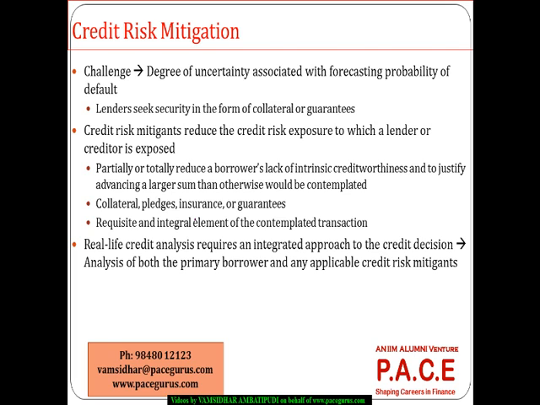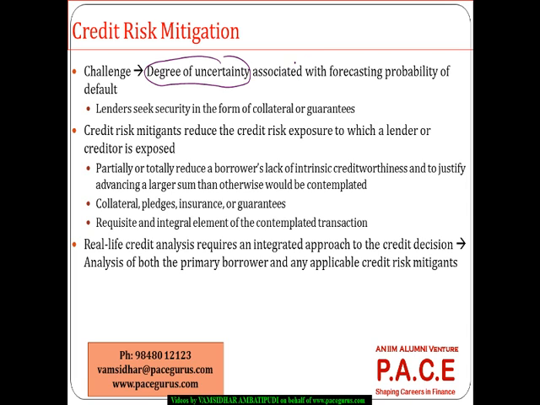I have to spend some time talking about the credit risk mitigation, because the major challenge that comes out is the degree of uncertainty. I know that I have to forecast the probability of default. What is the chance that the borrower will pay back as per the terms and conditions of the agreement?